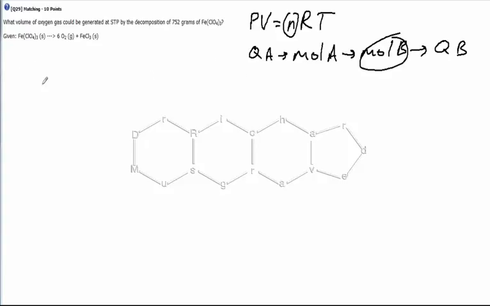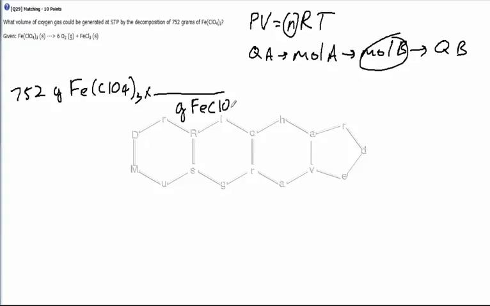So we'll start out with 752 grams of Fe(ClO4)3. We know grams of that will have to go on the bottom, so that will cancel, and we'll need moles.